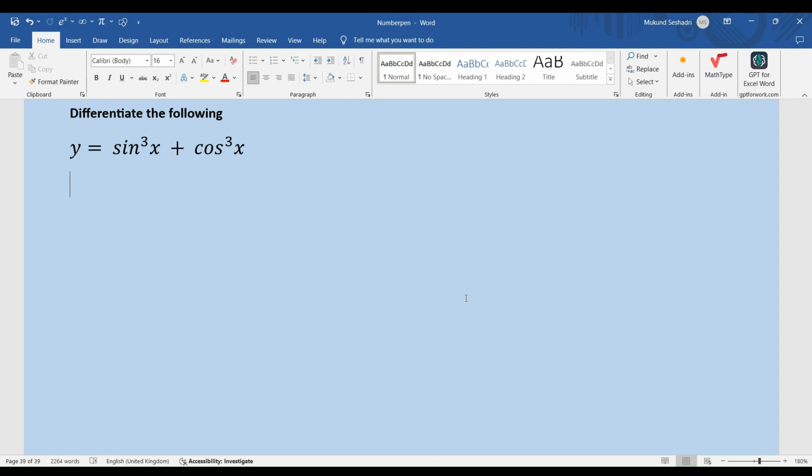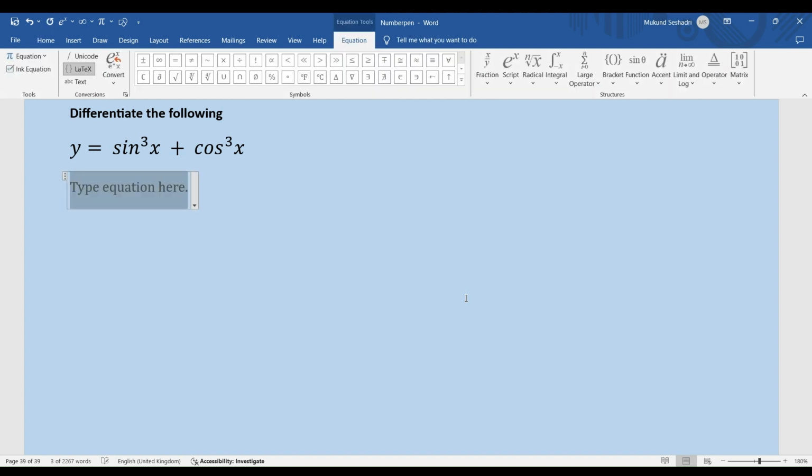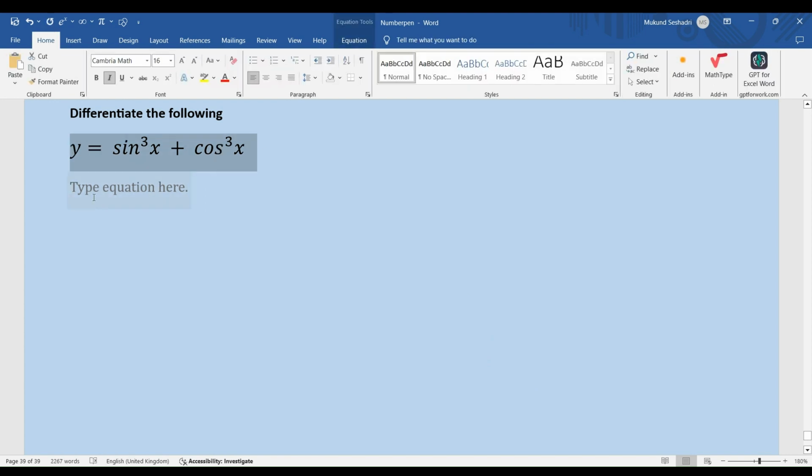So let us write down what is our u and v before we go ahead and solve this problem. So my y becomes equal to sine cube plus cos cube, and then what is my u and v? I'm going to call my u as sine cube x and my v as cos cube x.